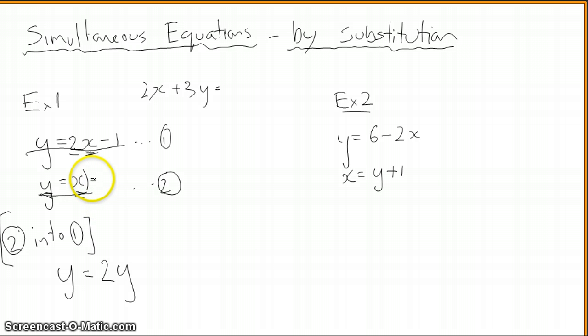If x equaled y minus 1, I'd put y minus 1, but it just equals y. So I've substituted 2 into 1, and you'll know if you've done it right because you'll get a new equation that only has one variable in it.